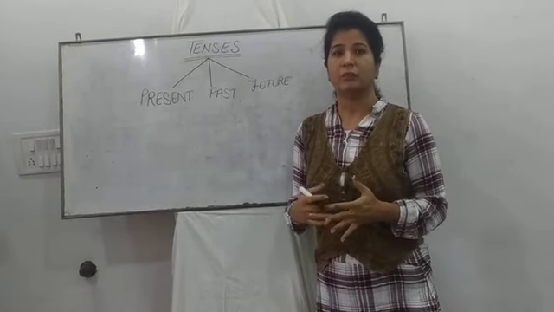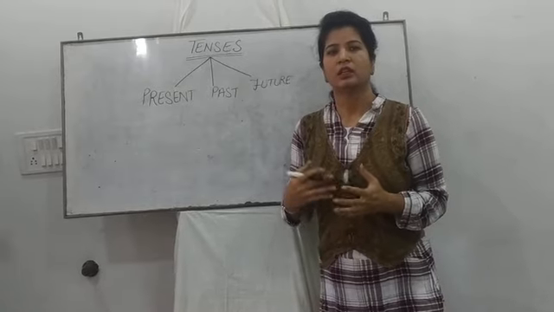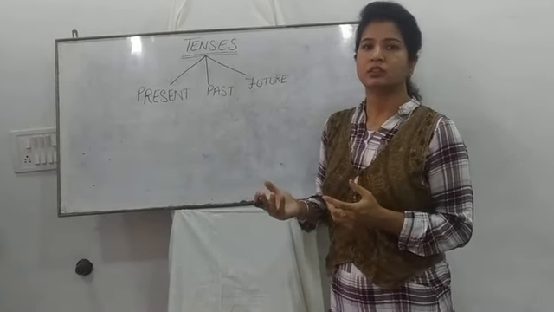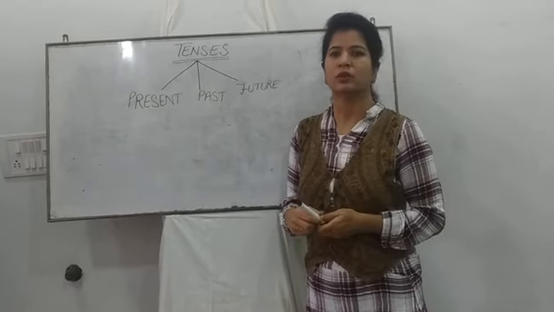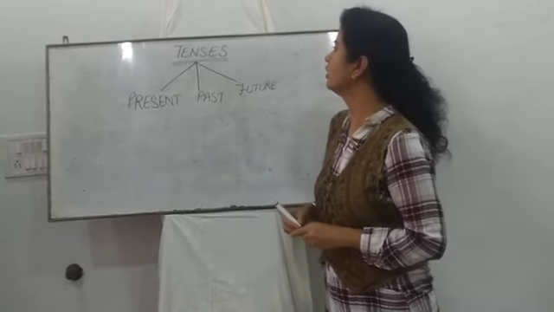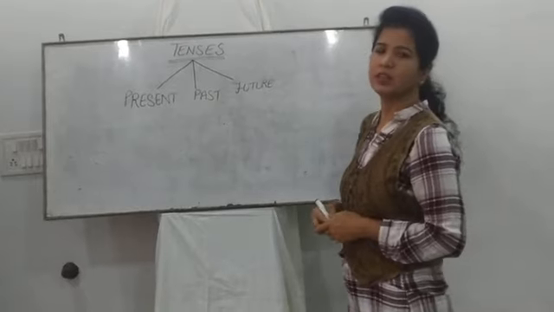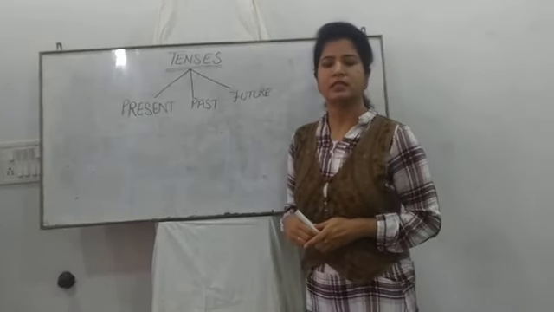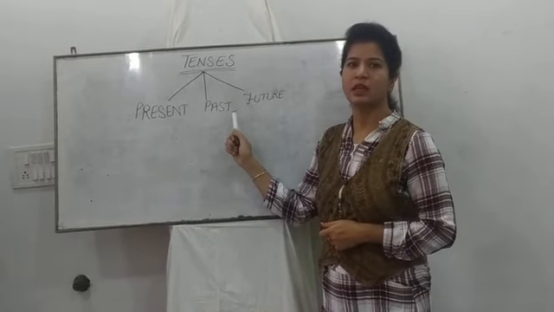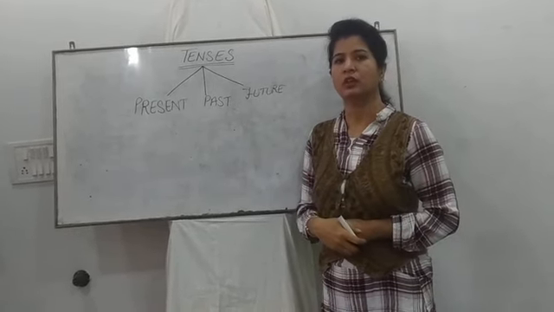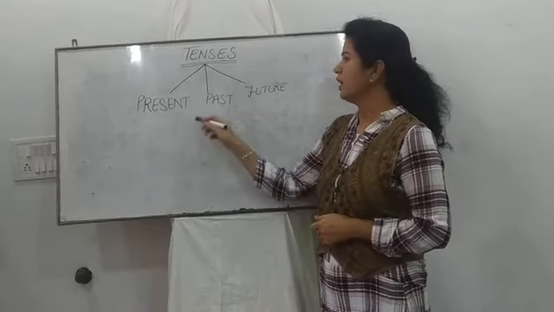The particular activity, that timing is made clear by tenses. So, here we are going to discuss tenses. As we all know, tenses are of three types: present, past and future. And today I am going to discuss present tense.